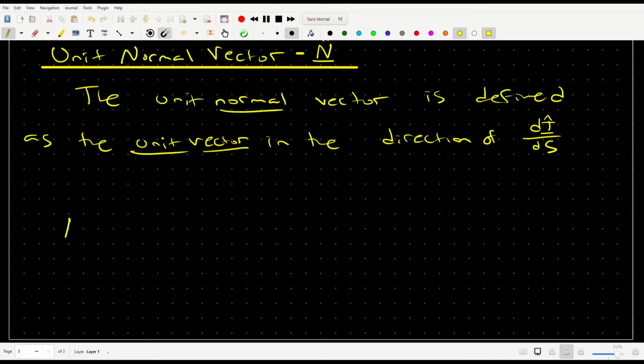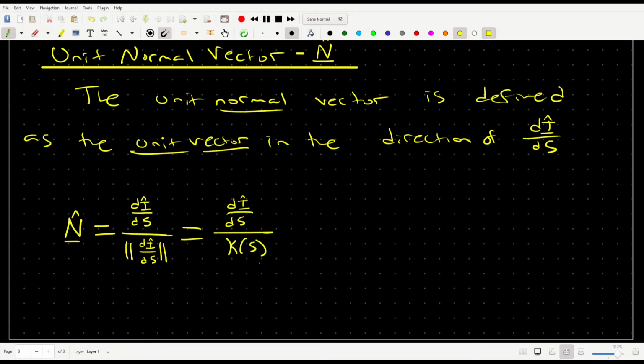Specifically, we say that n hat will be equal to the derivative of t hat with respect to arc length over the length of dt hat with respect to arc length. Equivalently, this is the same thing as the rate of change of t hat with respect to arc length over the curvature as a function of s.